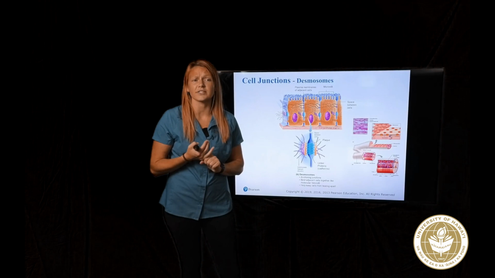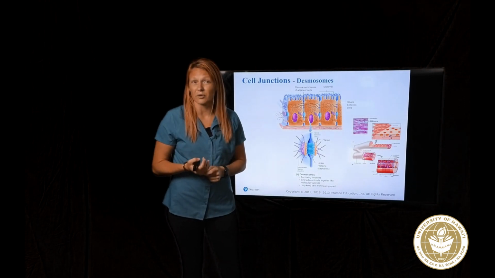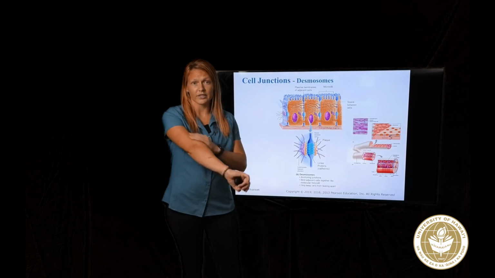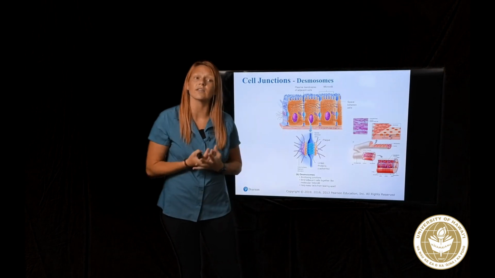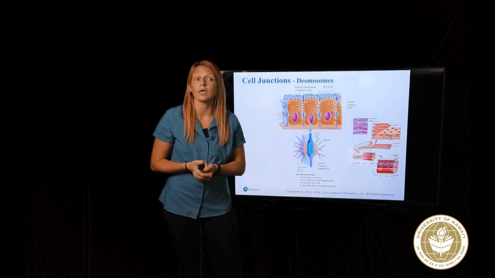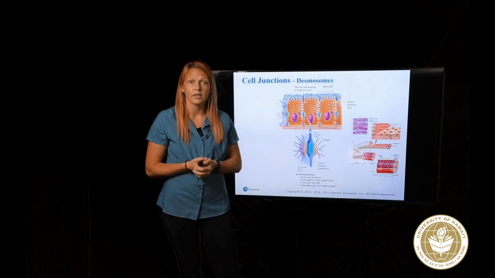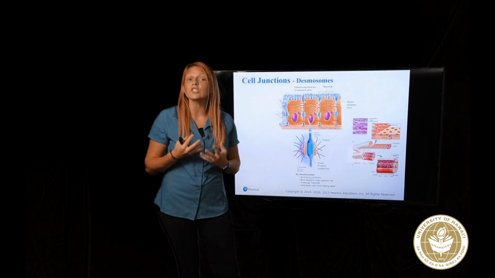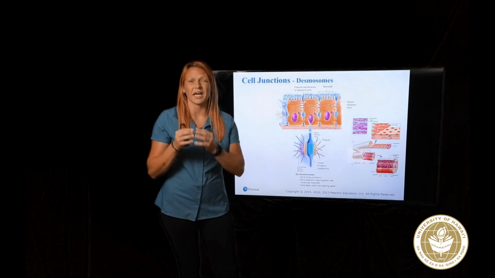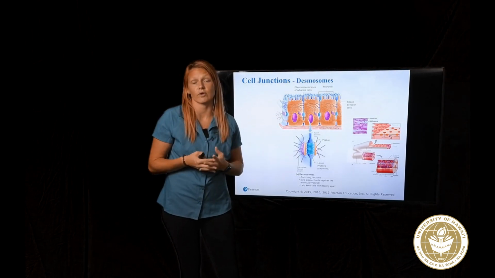Additionally, the tough keratin filaments in our skin stretch across the interior of the cells and attach to the desmosome plaque located on the opposite side of the cell's interior. So this arrangement of desmosomes forms a continuous network of very strong fibers throughout the tissue.